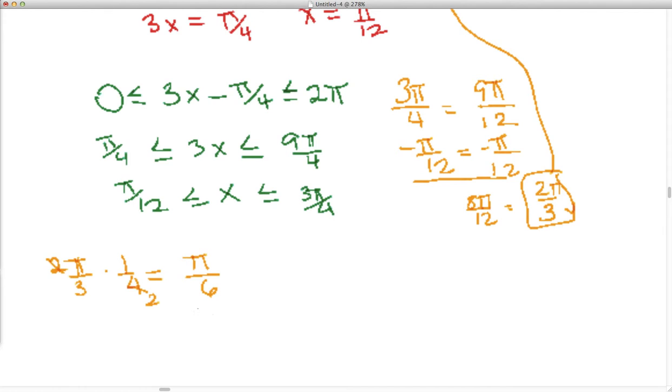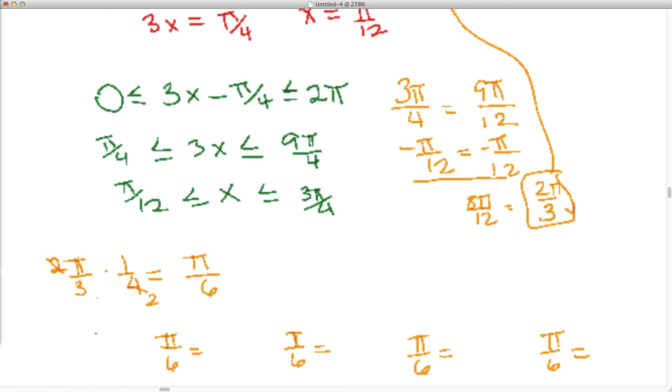So if I take pi over 12 and add pi over 6 4 times, I should get 4 different answers for my, in this case, since it's sine, it's going to be the axis, peak, axis, trough, axis. And I'll show you what I mean by that here in a second.